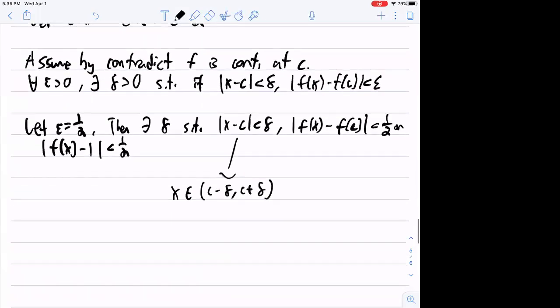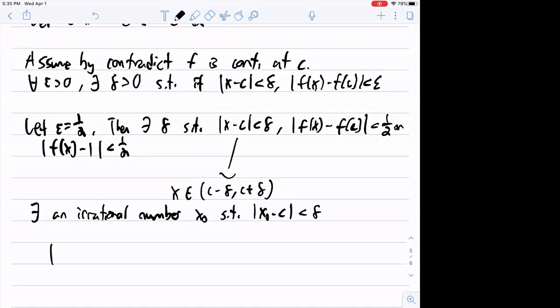There exists an irrational number, let's call it x naught, in this interval, right? But being in this interval means |x naught minus c| is less than delta.